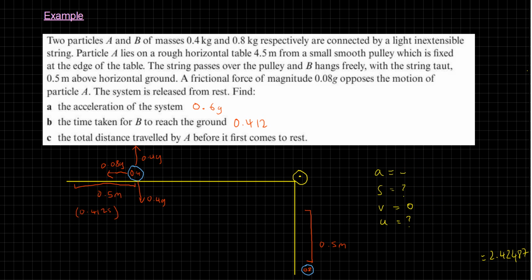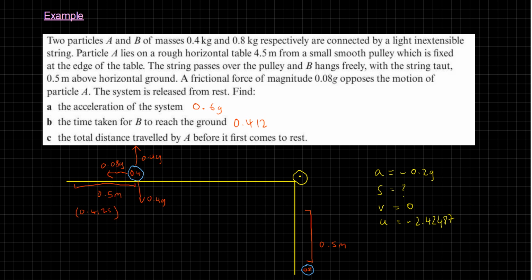Okay, I've just lost my acceleration here. This was minus 0.2 g, wasn't it, from before? Okay, so at 0.5 meters, it's got a speed effectively initially of 2.42487.